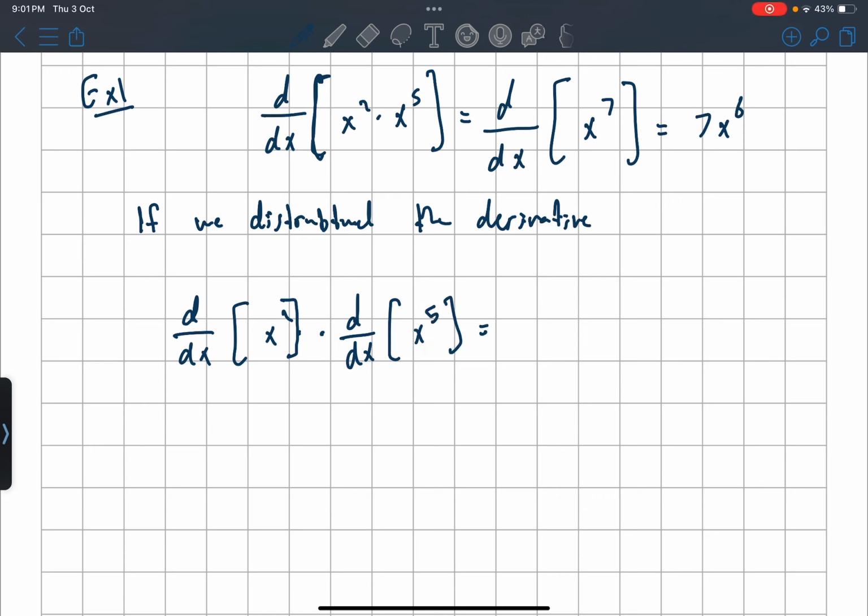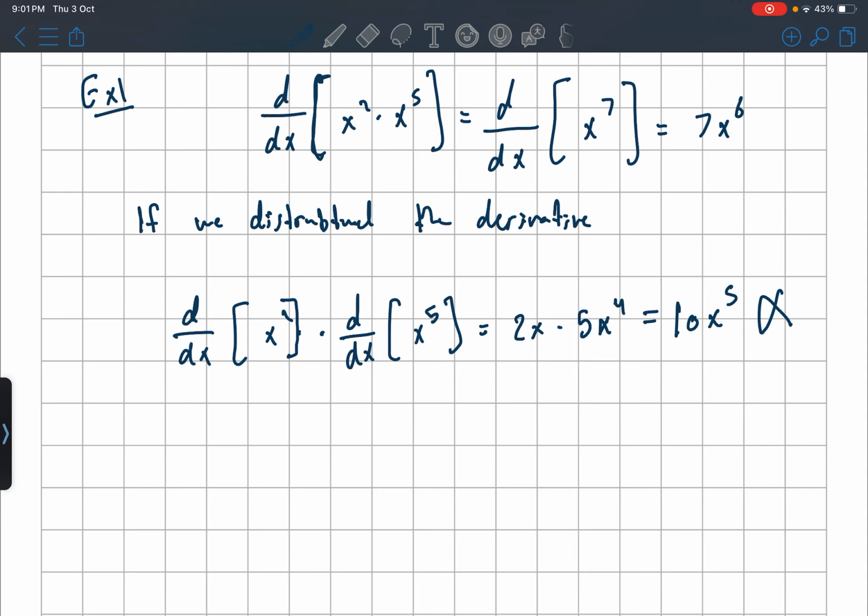So it will be 2x, and the derivative of x power of 5 is 5x power of 4. So it will be 10x power of 5, and this is false because you cannot distribute the derivative.